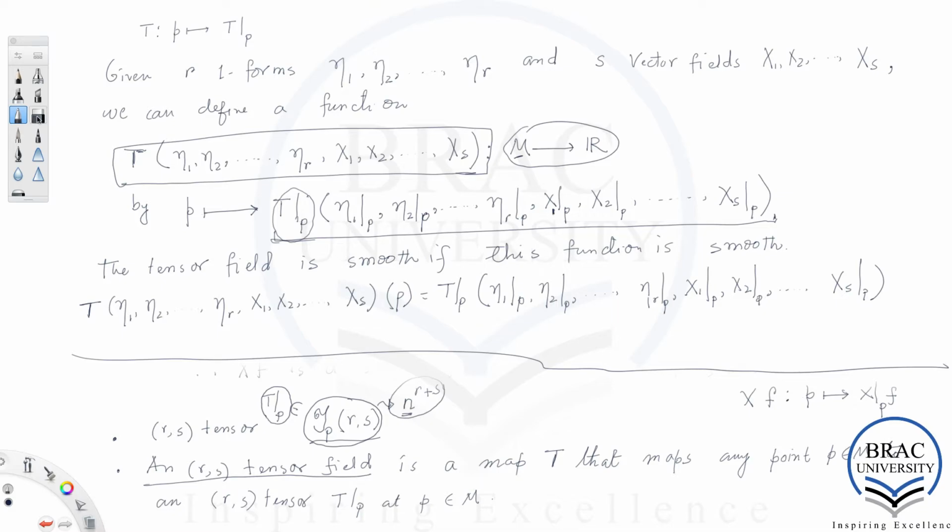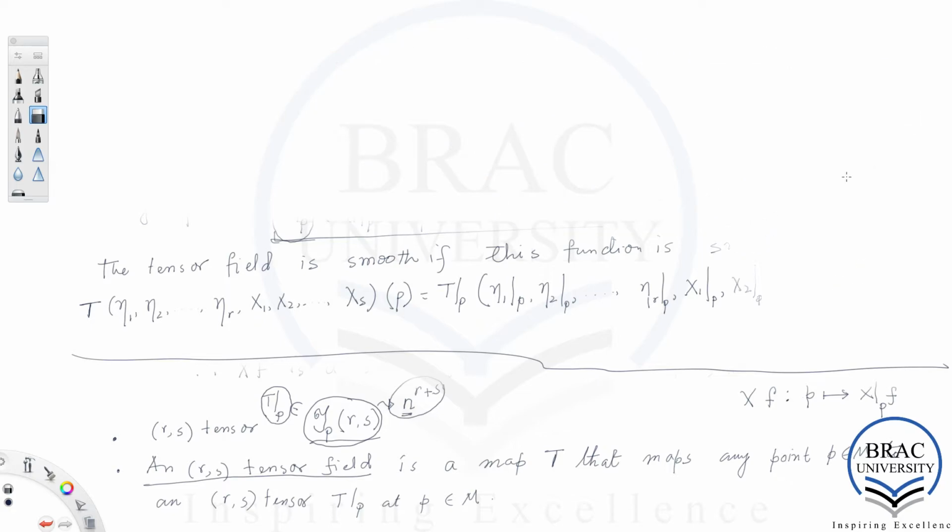Okay, let me erase everything now. Now we are going to introduce the notion of commutator between two vector fields. It's an important notion. The commutator of two vector fields is again a vector field.